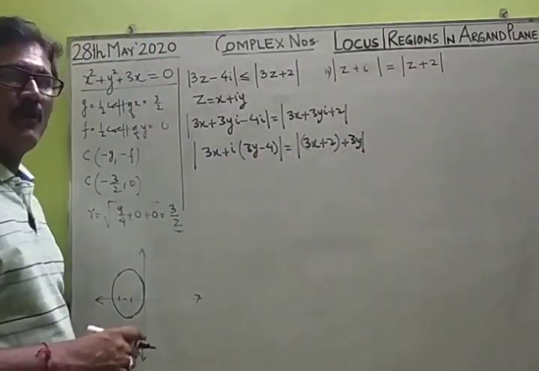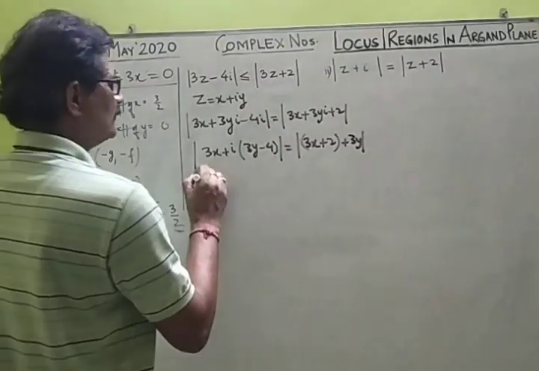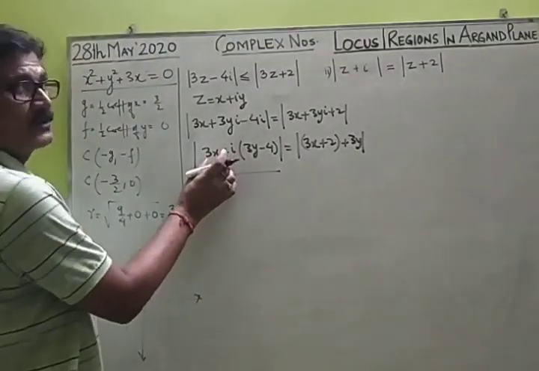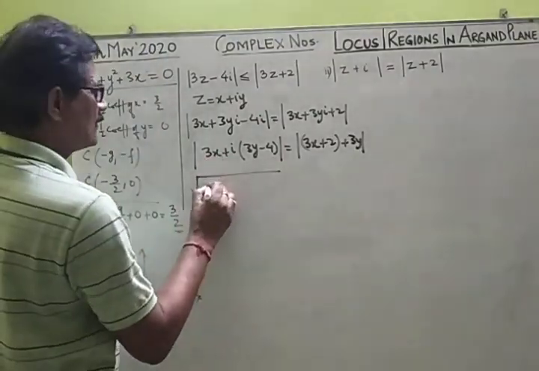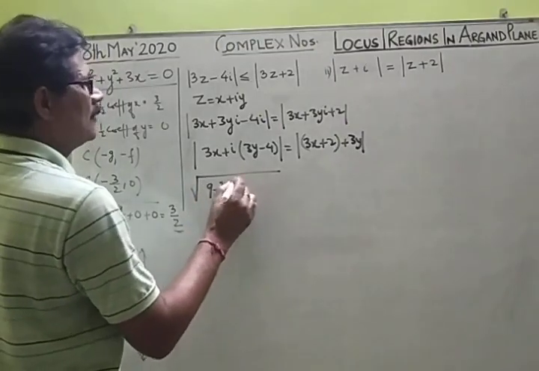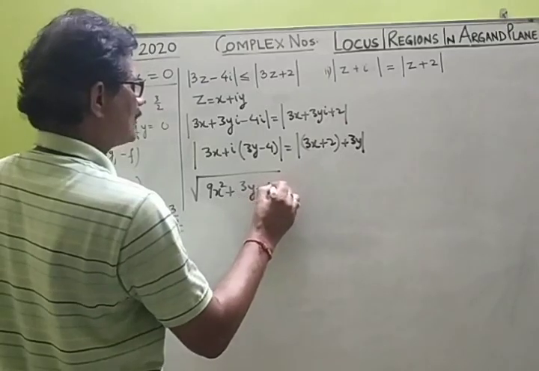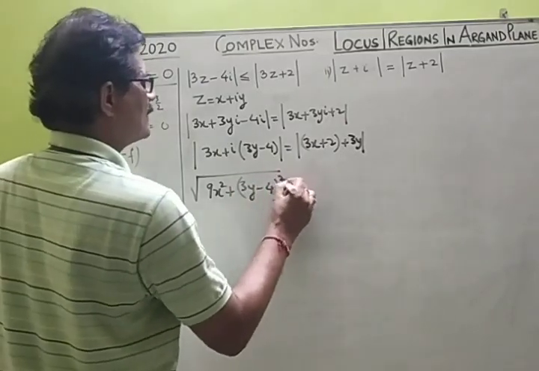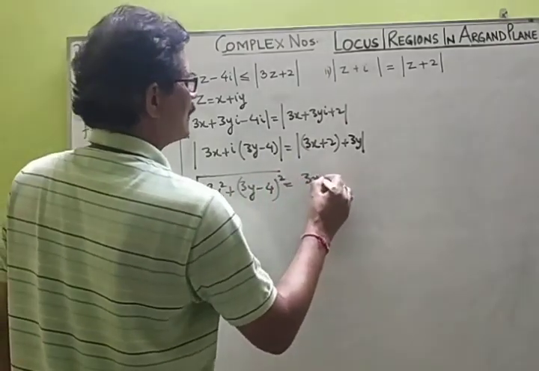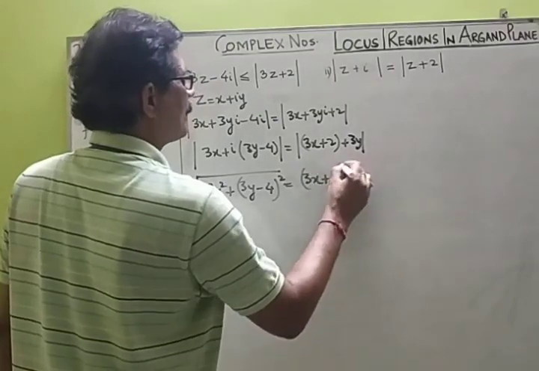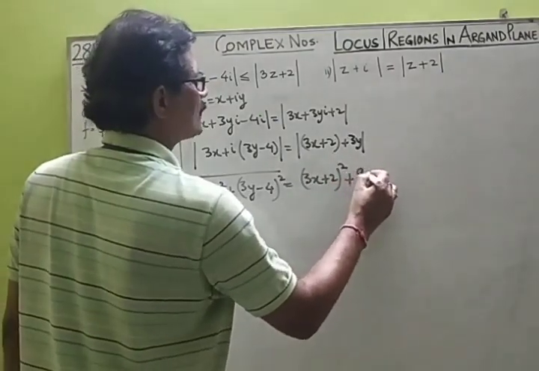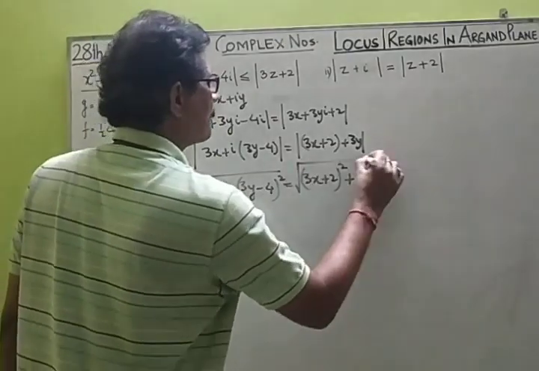Applying the definition of modulus, I get under root of the square of real part, which is 3x, so 3x whole square is 9x square, plus whole square of imaginary part, which is 3y minus 4 whole square, is equal to 3x plus 2 whole square plus 9y square under root.